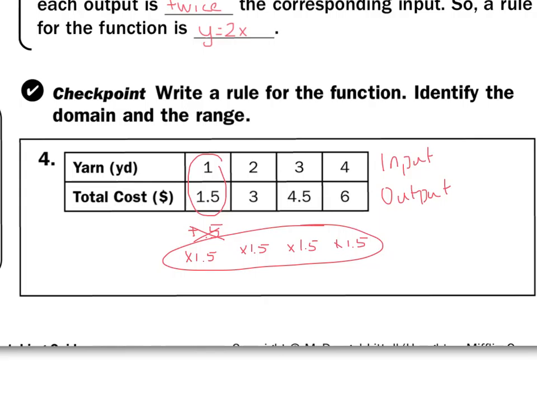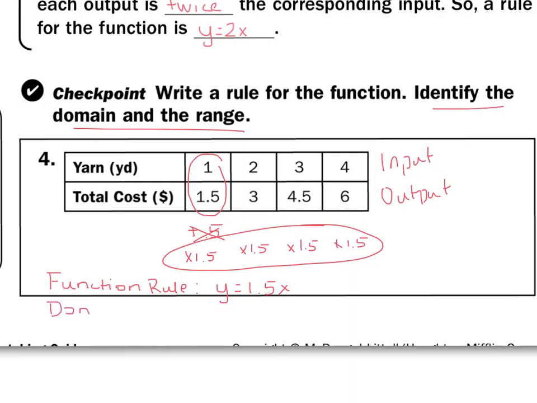So the equation that we're going to write, or the function rule, is y equals 1.5x. Then it says identify the domain and range. That information is already given to us. We just have to list it out.